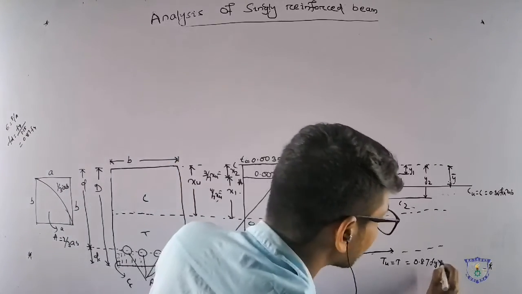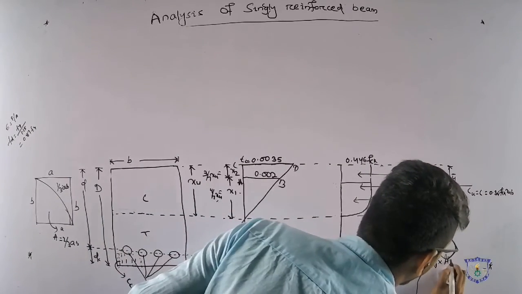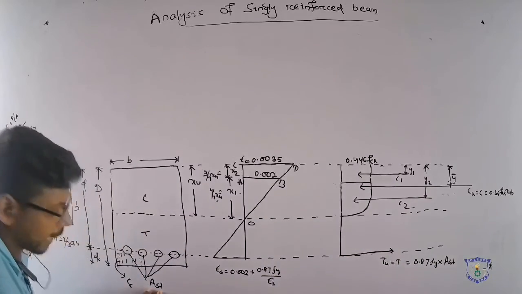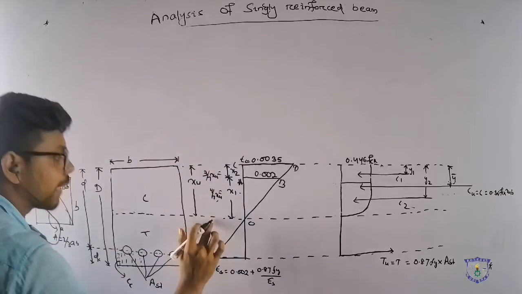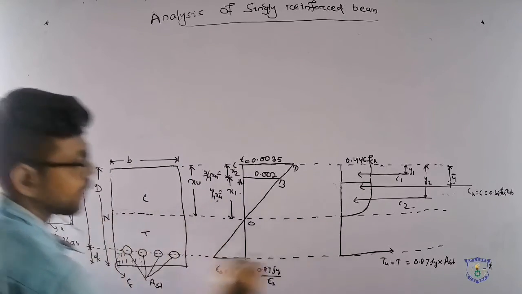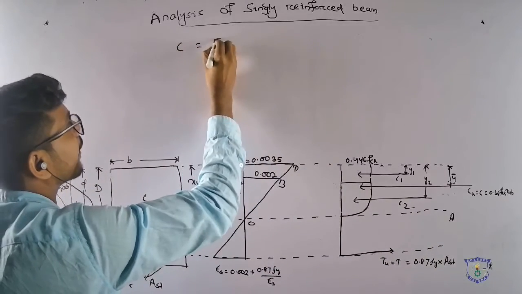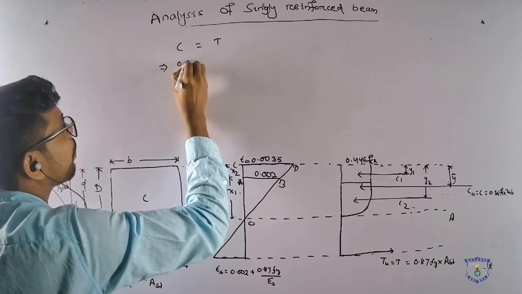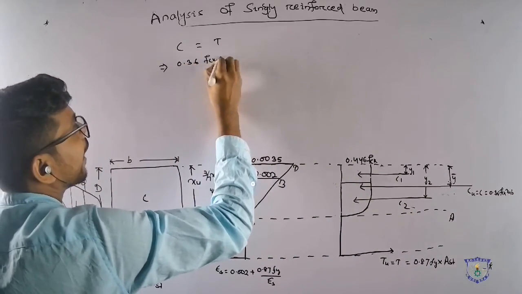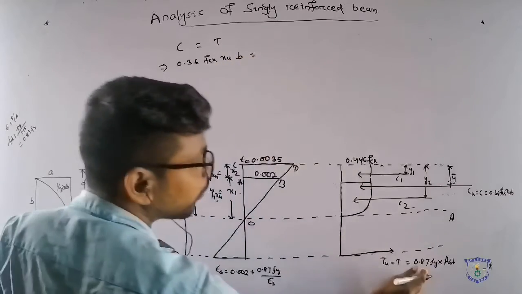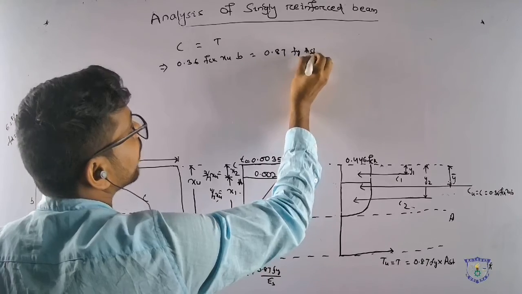And what is the area? The area of steel, AST. Comparing from the neutral axis, compressive force equals tensile force. Compressive force is 0.36 FCK XU B, equal to the tensile force, 0.87 Fy AST.